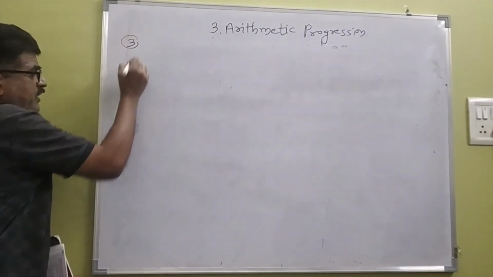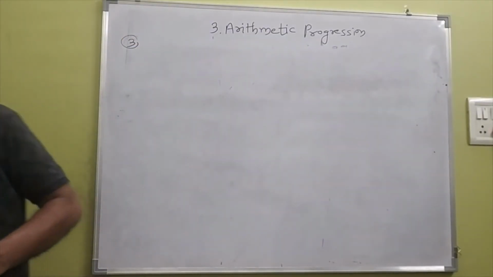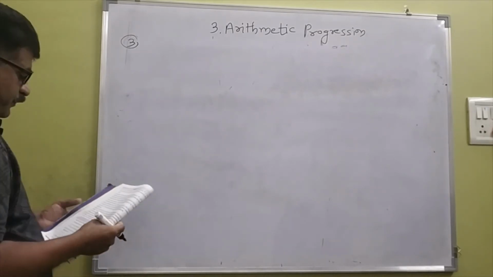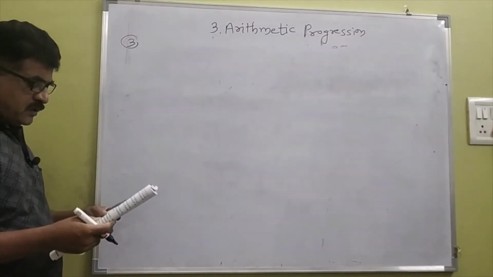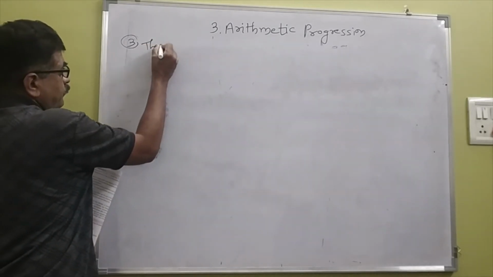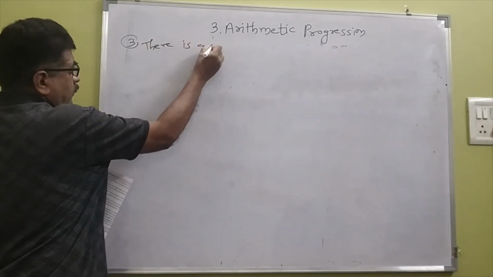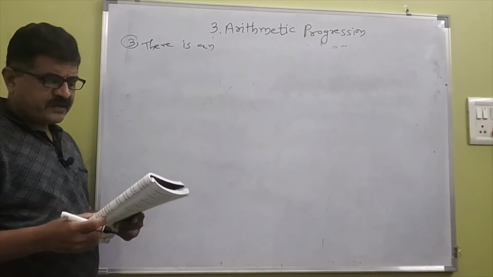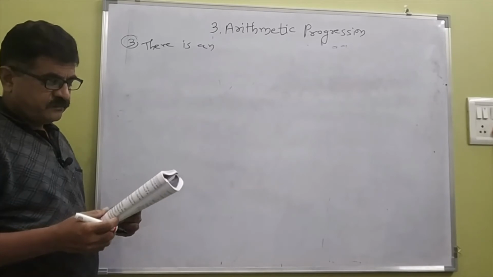Now question number 3. There is an auditorium with 27 rows of seats.